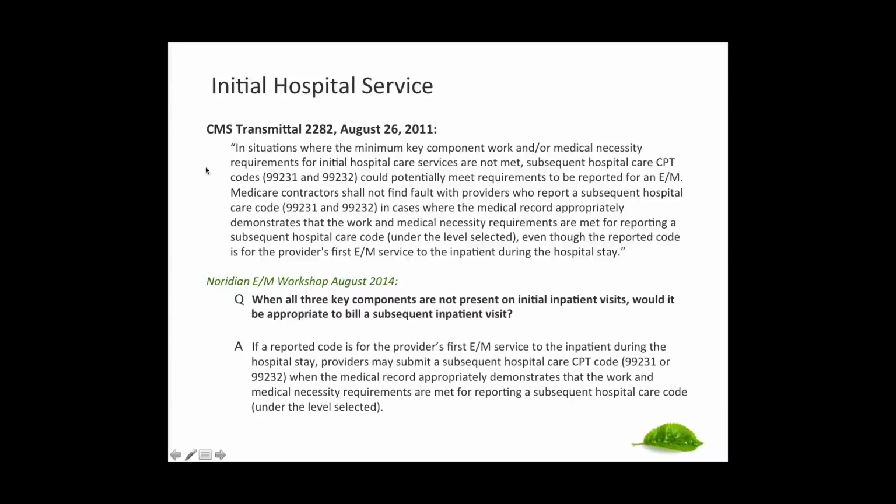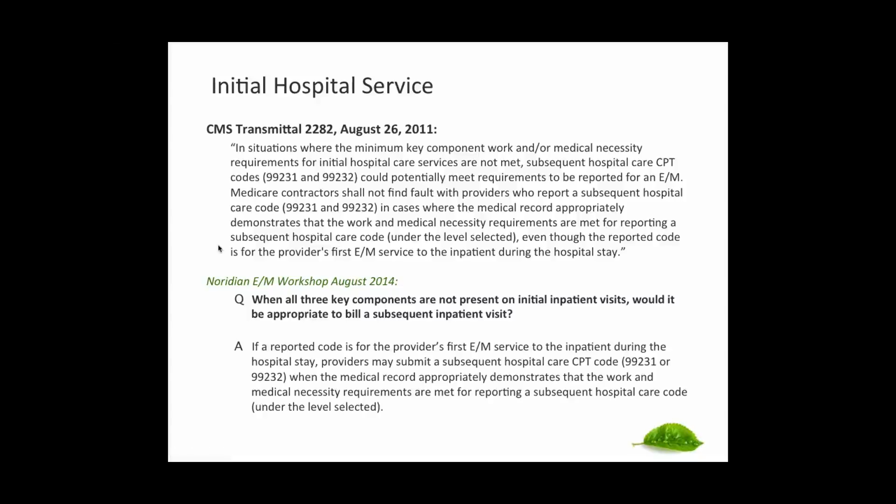So this is the slide that I was referencing as far as if you have something less than the detailed level for initial hospital, what do you do? So in a transmittal published back in 2011, right after the consultation codes were eliminated, several of the MACs followed this guideline in that you need to defer down to the subsequent levels for the hospital.